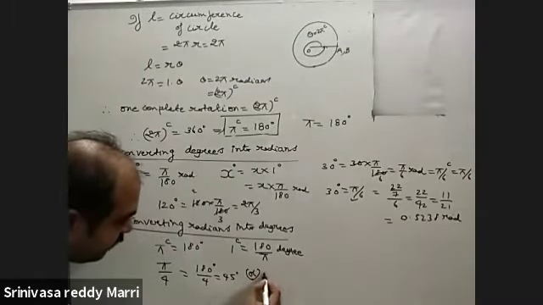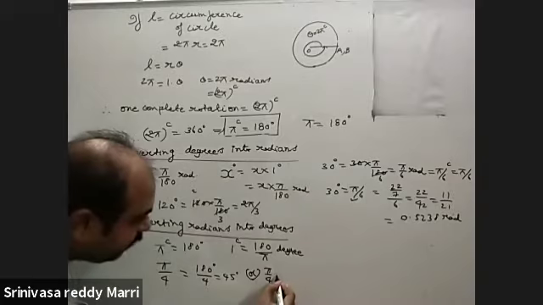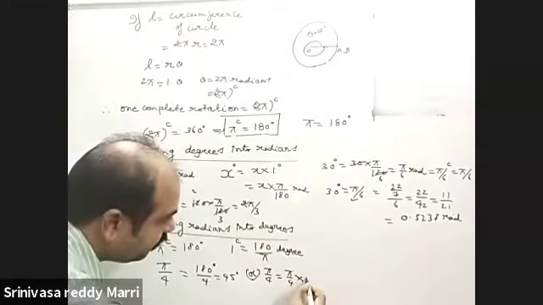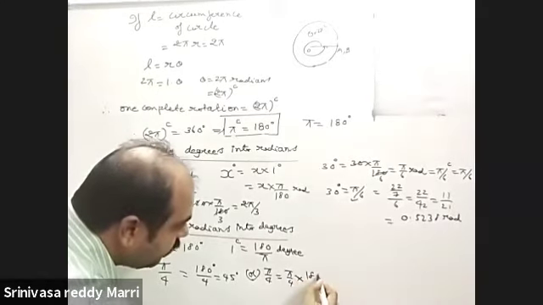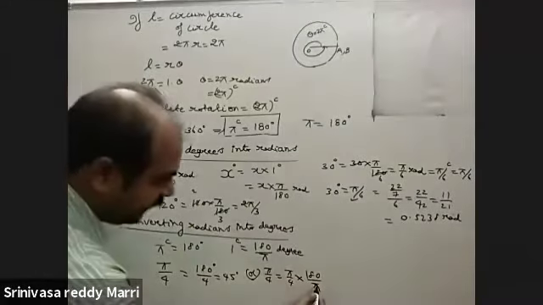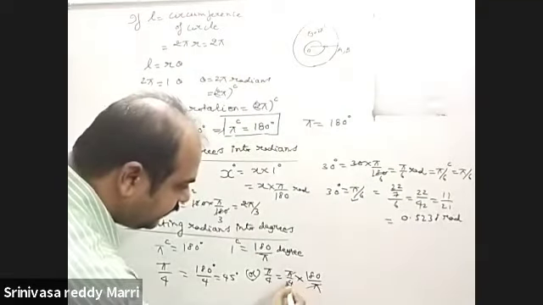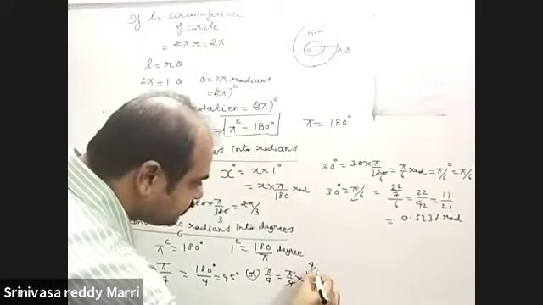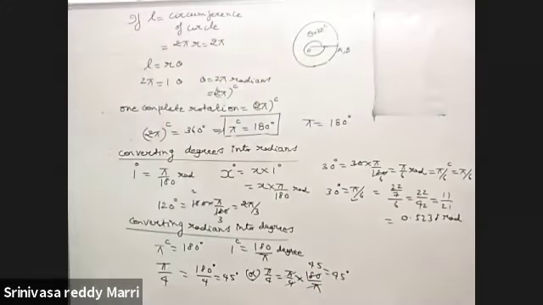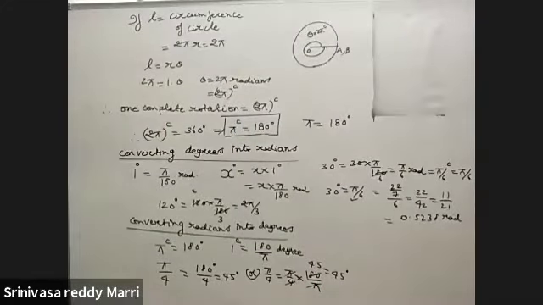Or you can convert like this: pi by 4 radian equals pi by 4 into 180 by pi. You multiply the radian angle with 180 by pi, then it will be converted into degrees. So 4 ones, 45 degree. Like that also you can do.